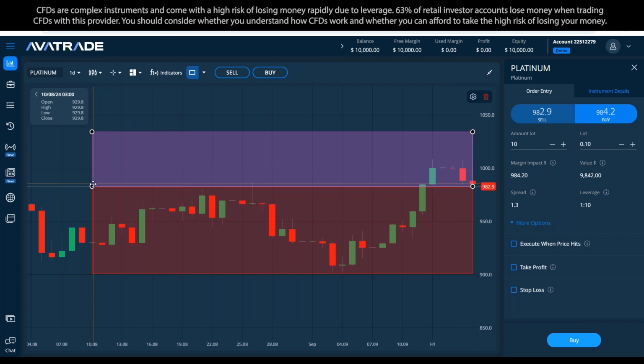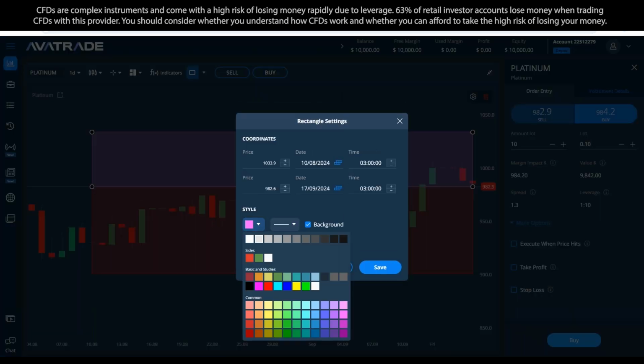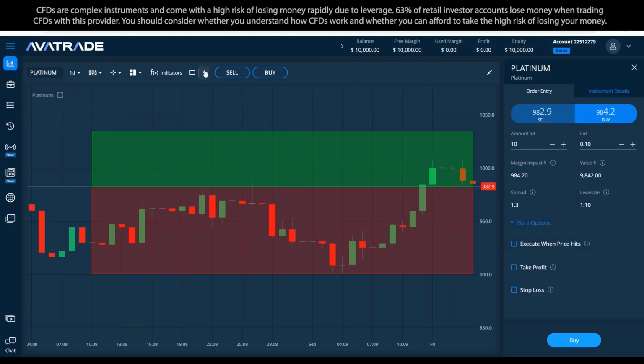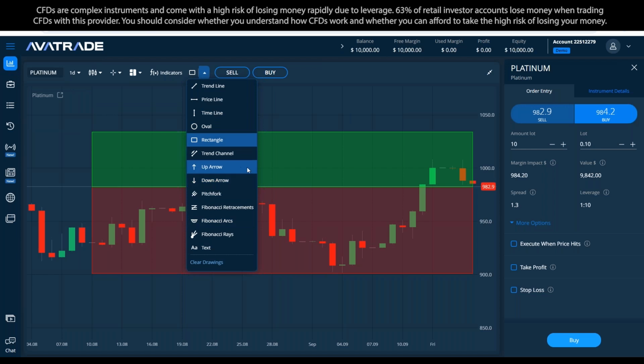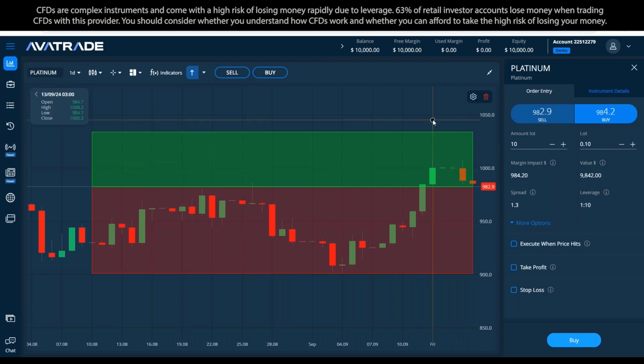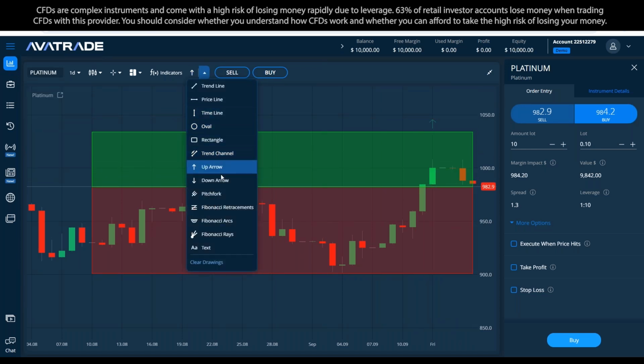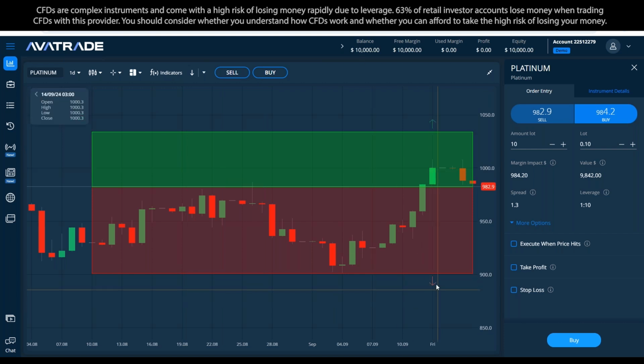When I'm buying something, our intention is that the value will increase. When we are selling something, our intention is that the value will decrease. If we are buying something but the value decreases, we have a loss. And when we are selling something and the value increases, we have a loss.